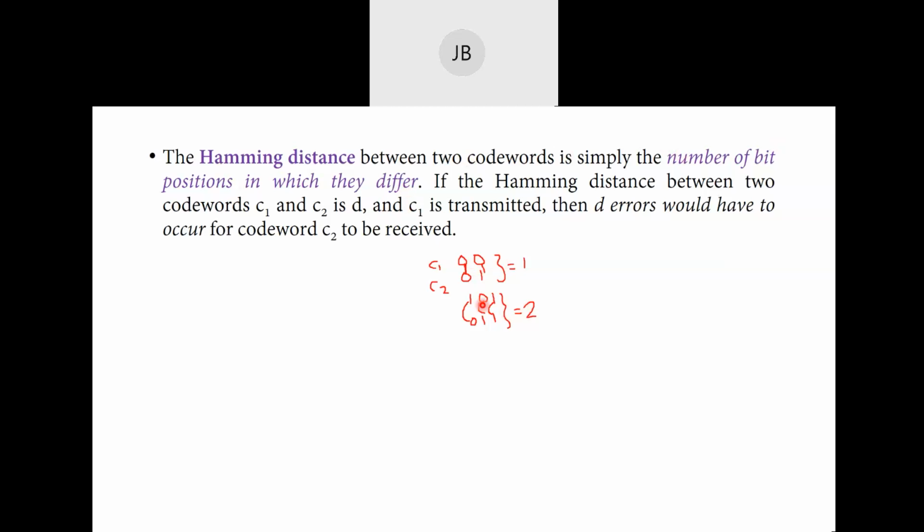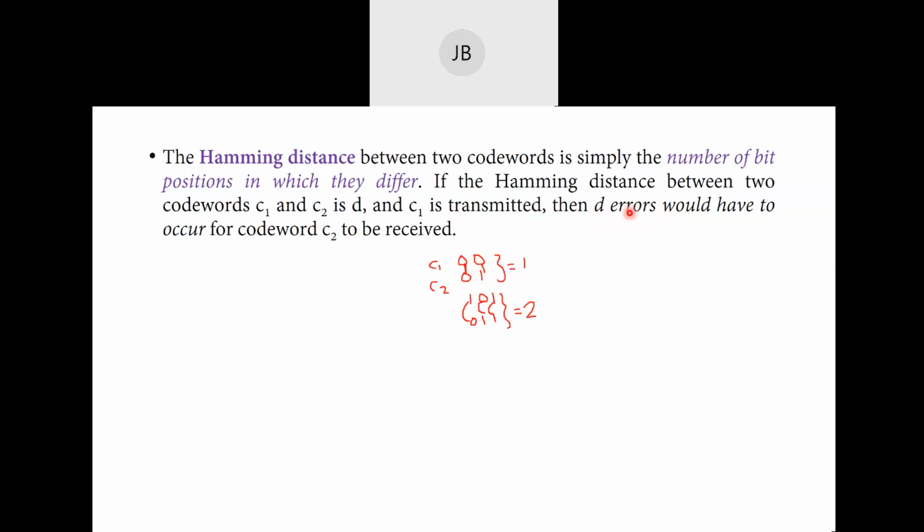How many positions they have different values. So if the Hamming distance between two code words C1 and C2 is D, for example D is 2 here, here it's 1, and C1 is transmitted, in this case this is transmitted, then D errors would have to occur for a code word C2 to be received.